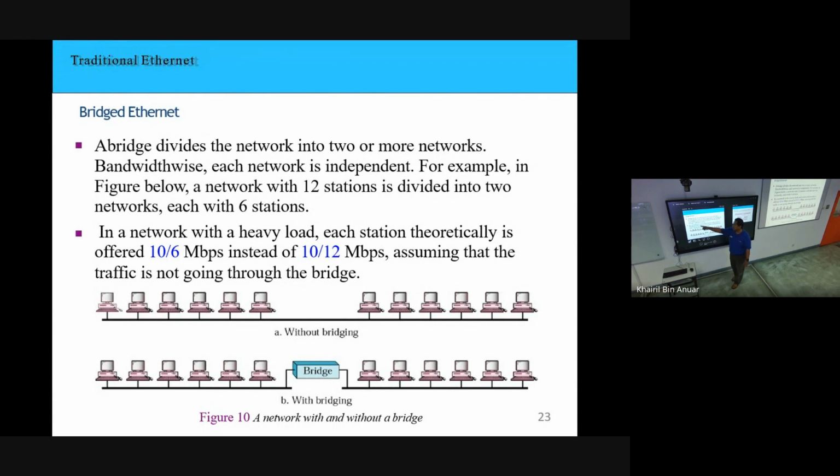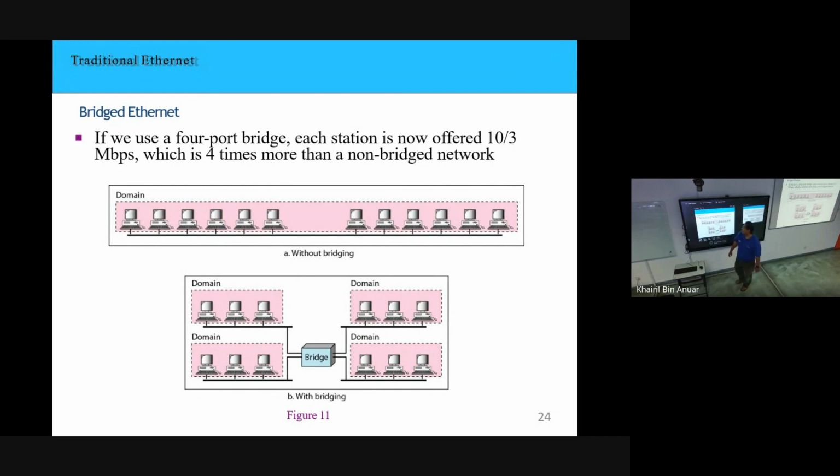So in a network with a heavy load, this station typically gets 10 Mbps divided by 6, so this is 10 Mbps, you divide by 6 for this, compared to this where you have to divide by 12. So this one has much lower bandwidth compared to this one. So now you have the bridge dividing this into these two different networks.